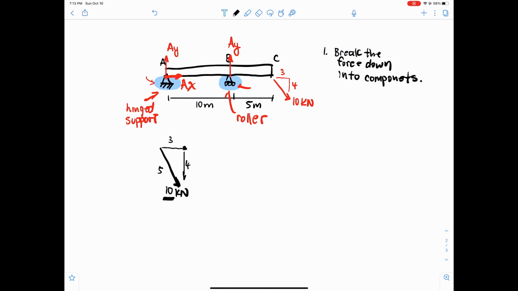This is a ratio. So for every 5 units of force we apply this way, there's 3 this way, and there's 4 this way.